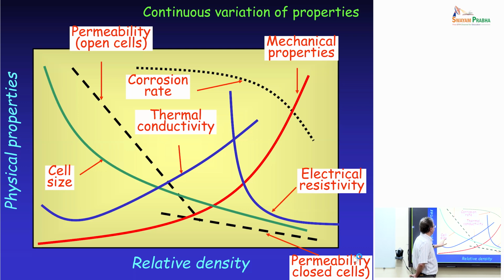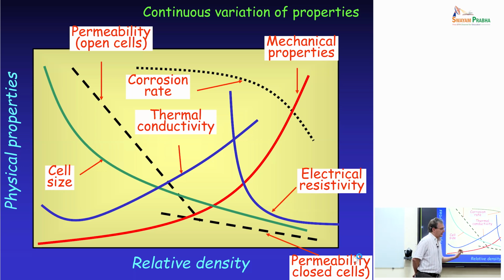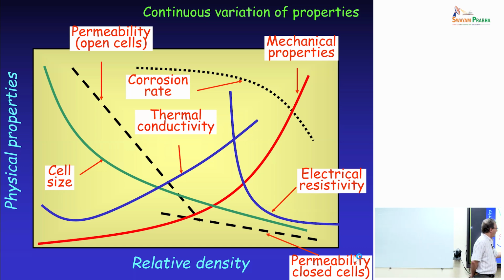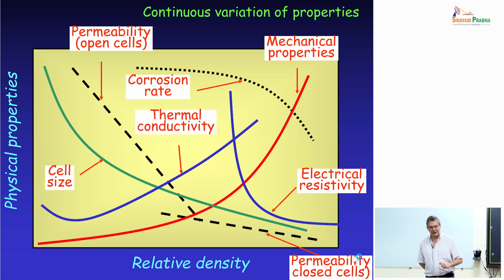So if you increase the porosity, go in this direction, you increase the permeability, you increase the corrosion rate, the mechanical properties decrease significantly with porosity, and as well the thermal conductivity. So the fact that you can combine different properties in this way means that you can actually use the porosity as a defining parameter for selecting the properties and optimize the combination of properties of your component. Because often in a component, you need to simultaneously optimize different features.